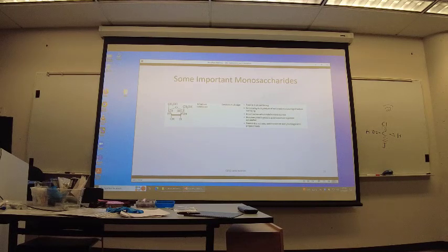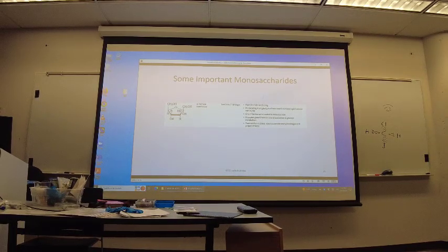Here's another one. So this one's fructose. This is interesting because this is made from a different kind of base. It's actually from a ketone base. So when the ketones ring up, they make a 5-membered ring. It's not 5 carbons in the ring, but it makes 5 members. But I just want you to know this.